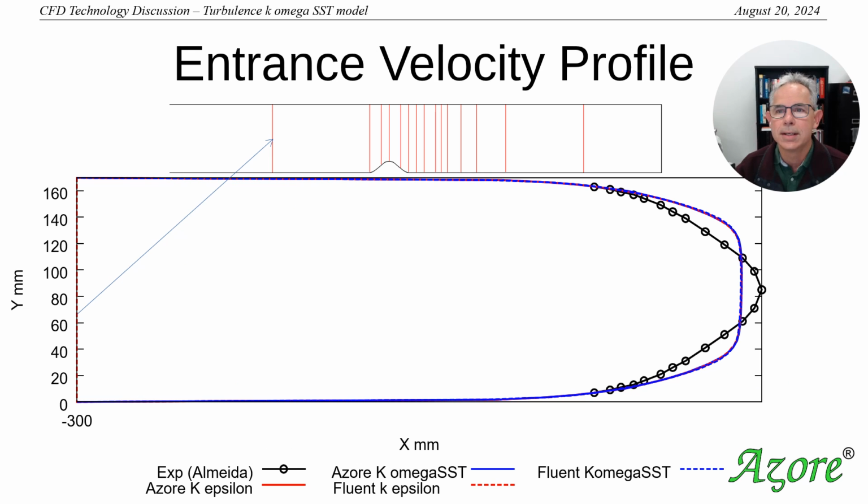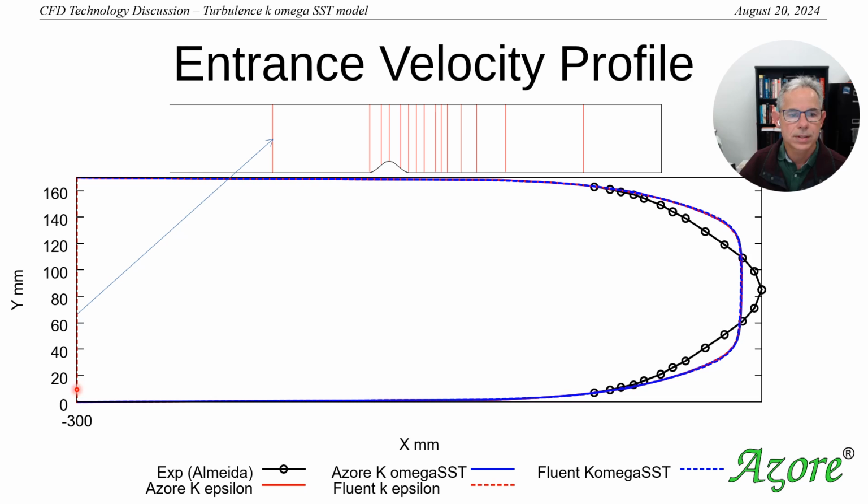So here is the first row of data, and we're looking at the experimental data right here along this line, and we also have the predictions. So the black line with the little round circles are the experimental data. They're connected together, and each one of the round circles represents where data was taken for each one of the locations along here.